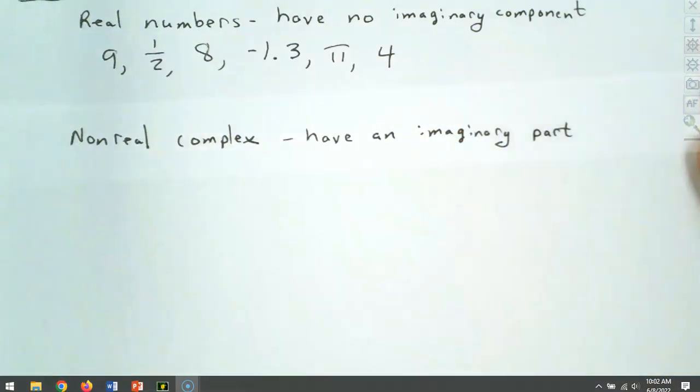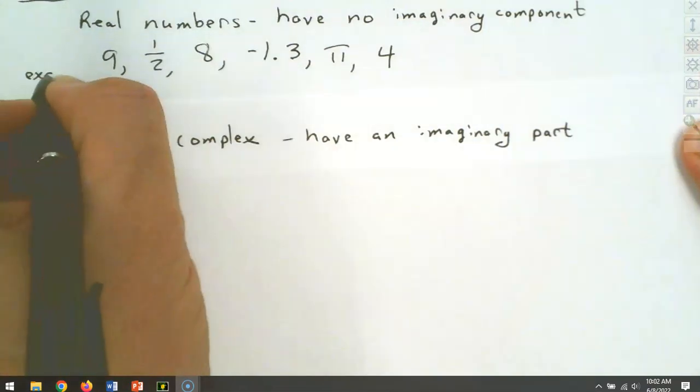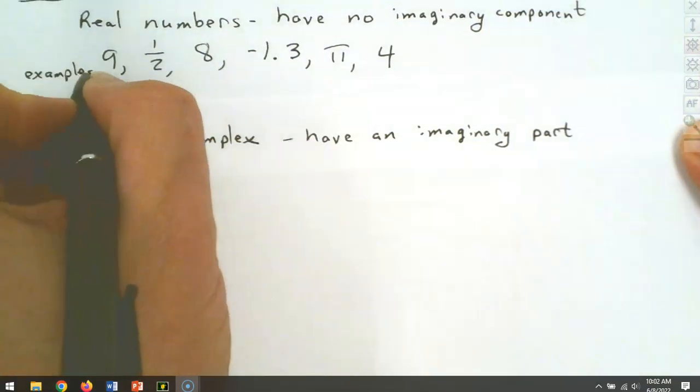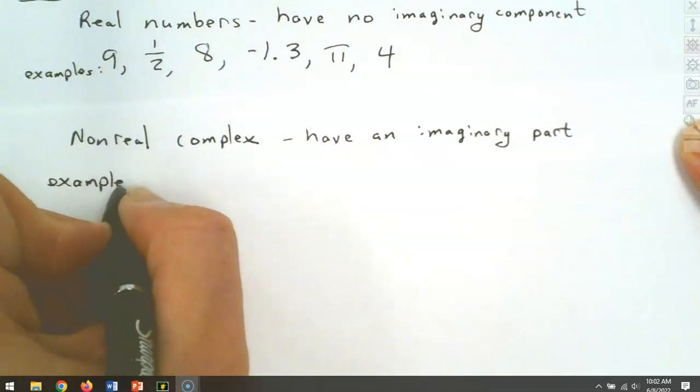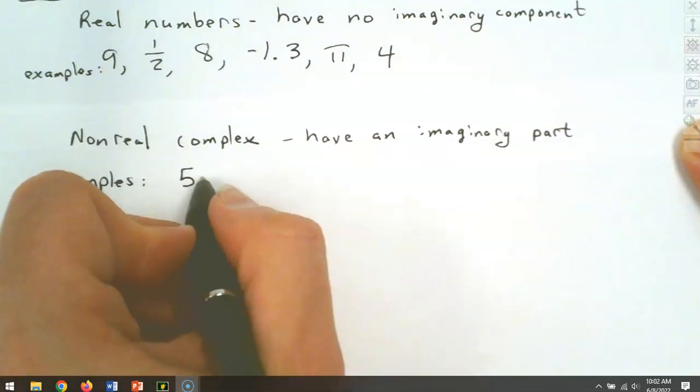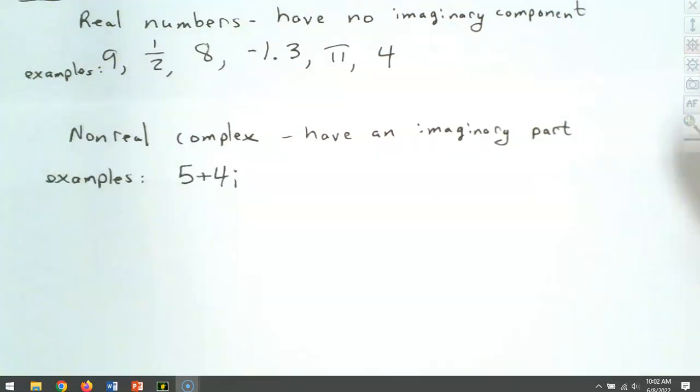So these are all going to be examples of non-real complex numbers. 5 plus 4i.